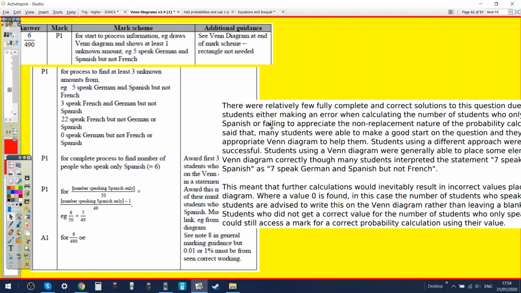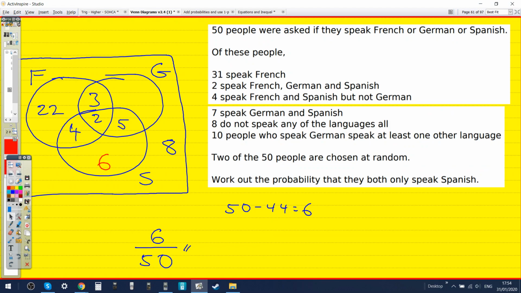So 0 speak German, but not French or Spanish. So we're correct about that one. Oh, hang on. Two of the 50 people are chosen at random, not 1. This is the probability of 1. Oh, okay, so 3 over 50?